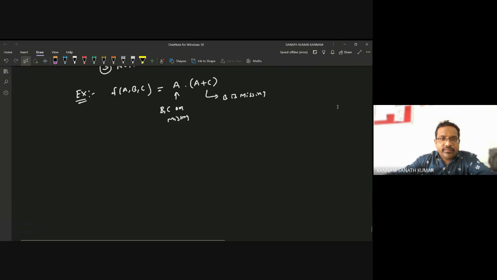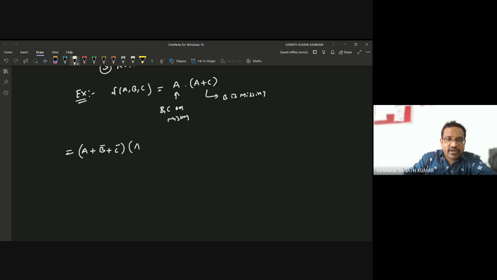Here you can write this expression directly as A plus the possible combinations: 0 0 means B bar plus C bar, 0 1 means A plus B bar plus C, 1 0 means A plus B plus C bar, 1 1 means A plus B plus C.